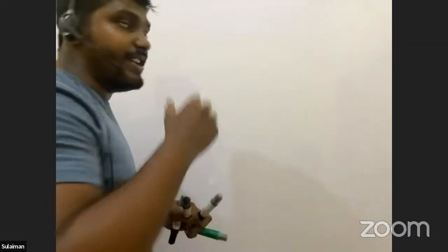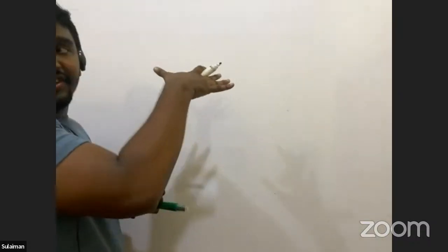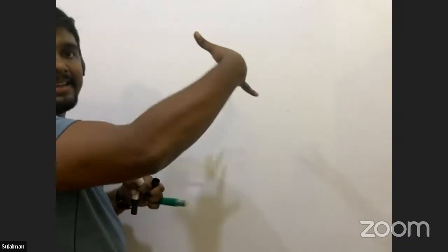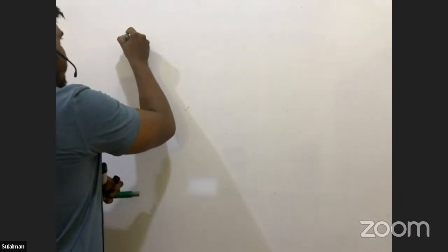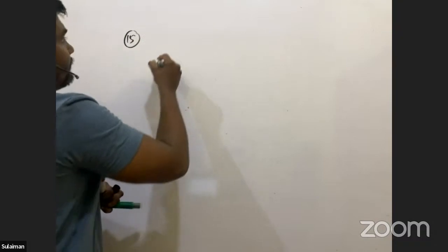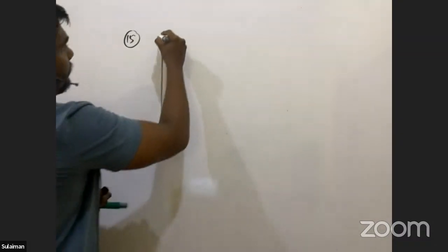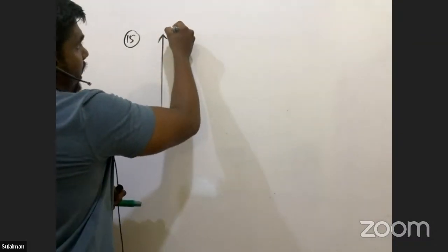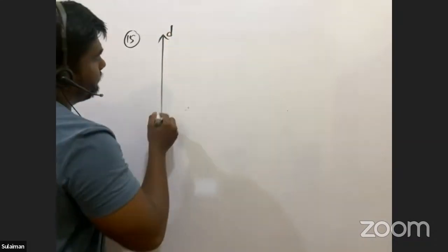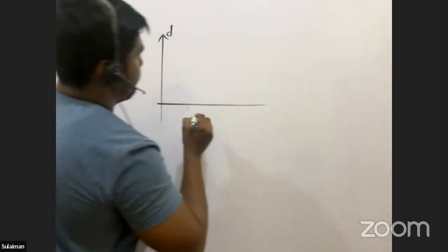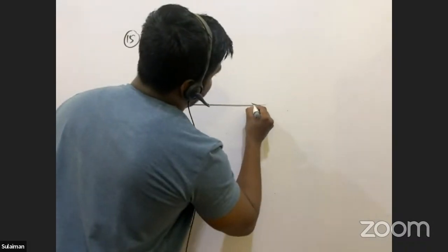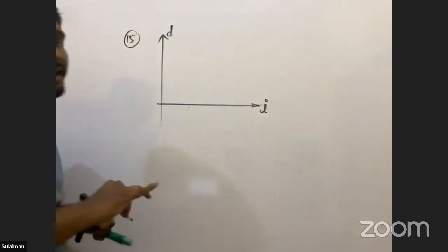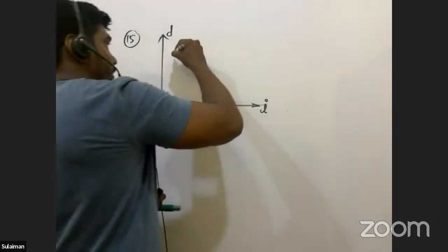They have given the variation of angle of deviation with incident angle in a prism. Question number 15. Angle of deviation, D. Incident angle, that means I. This is the graph.